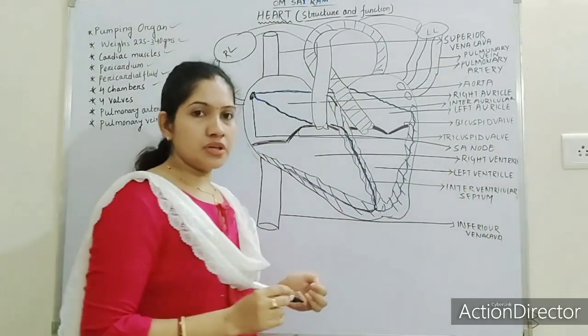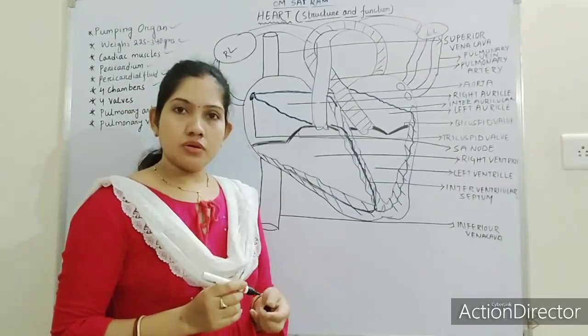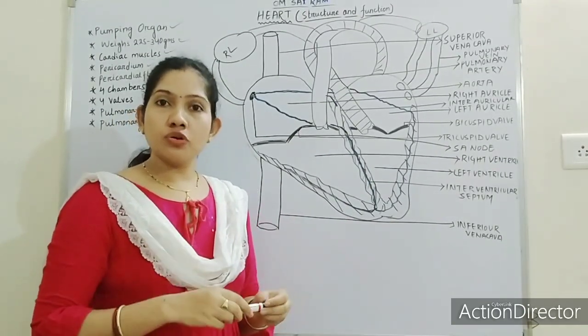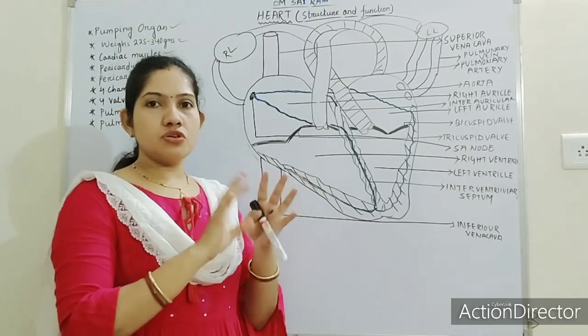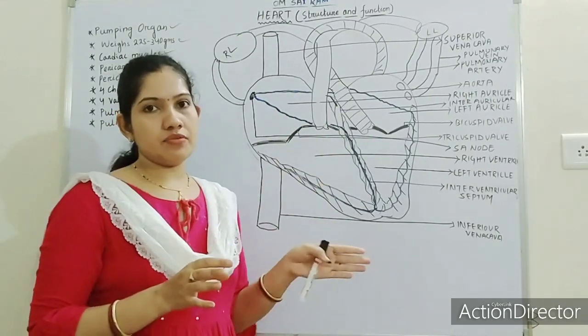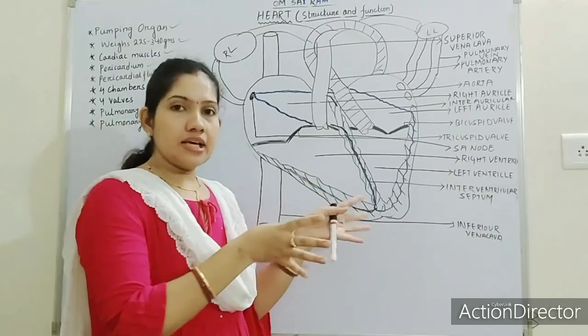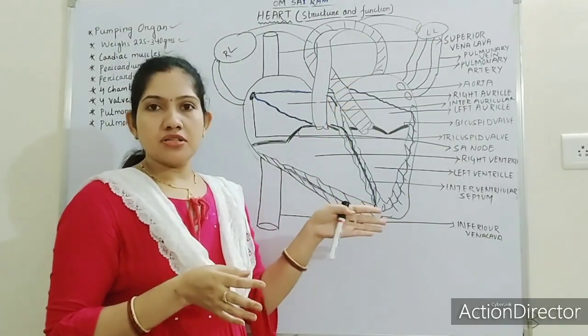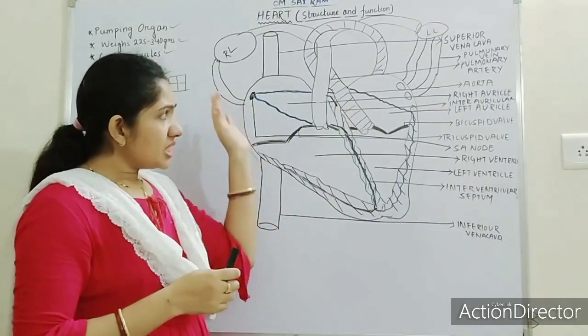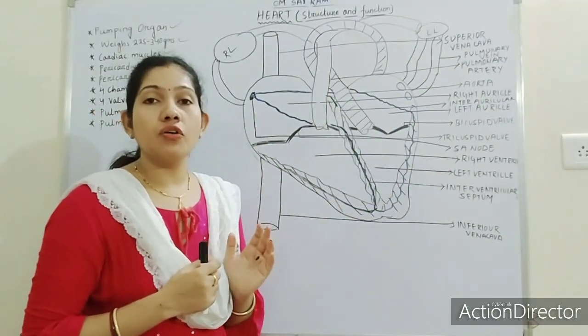When you do it in your notebook, you can use your scale so that you have a very clear diagram and labelings. Okay, so this is all about the structure of the heart.